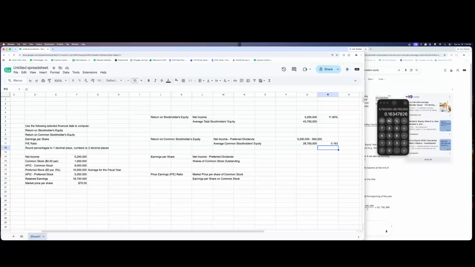So, earnings per share. To calculate the ratio for earnings per share, you have to get the net income, which is 5,200,000 minus preferred dividends, which is 500,000, divided by shares of common stock outstanding.